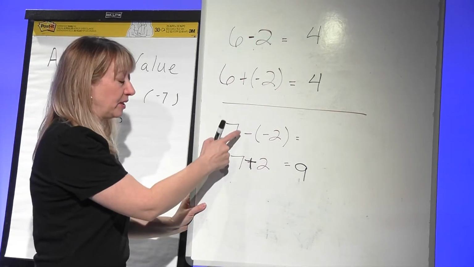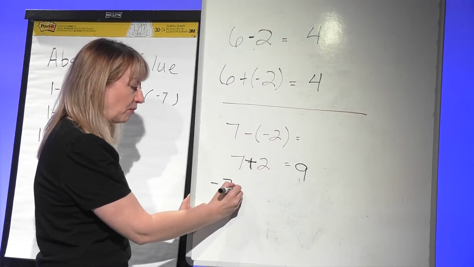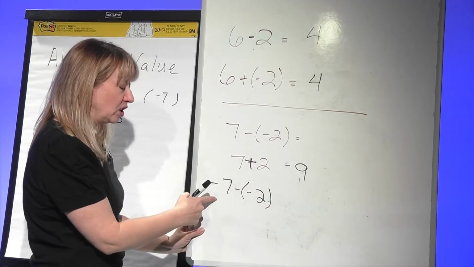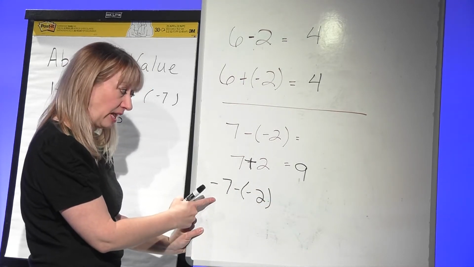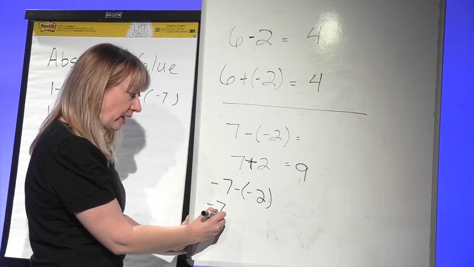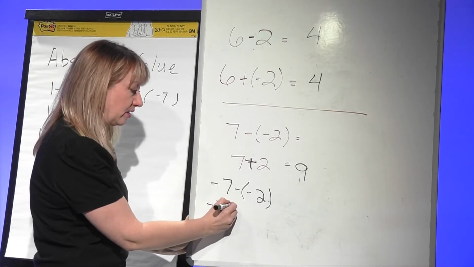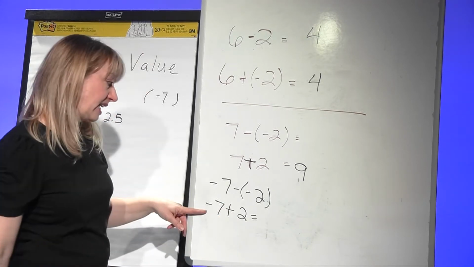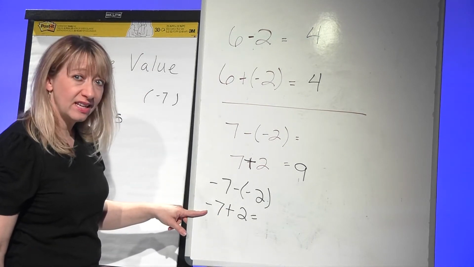Just be careful that this is a different example where, again, you have minus a negative, but look at where you are starting on your number line. So you would rewrite it, and you would still put these two together to make a plus, but you're starting at a -7. So you would start at that -7.